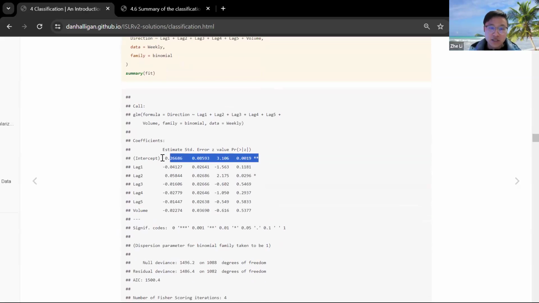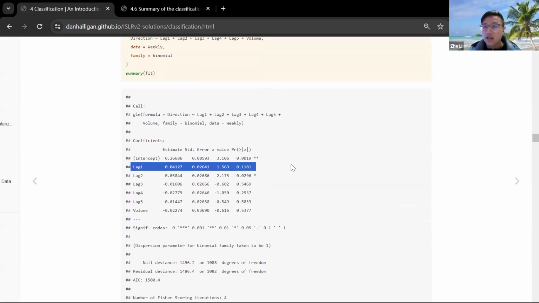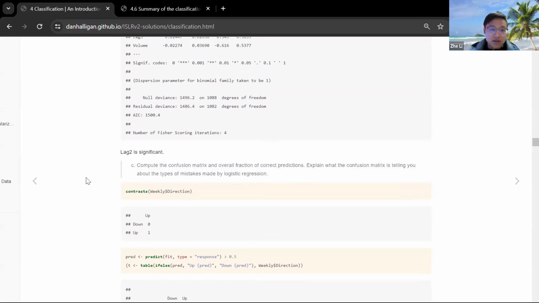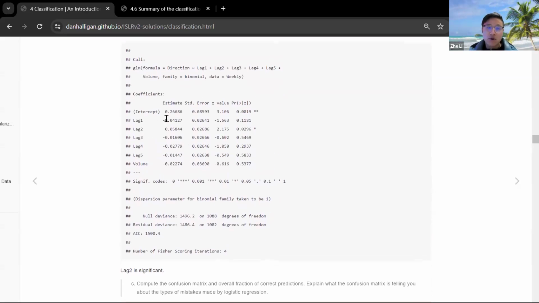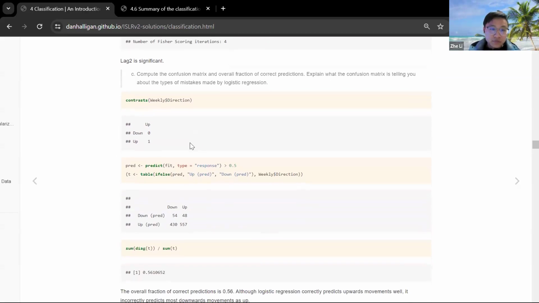Then we summarize the fit. We can see that other than the intercept and lag2, the other predictors are not that significant, so we cannot reject the null hypothesis that there's no relation between the predictor and the response. Lag2 is significant, so we can reduce our model to just use lag2 as the predictor.